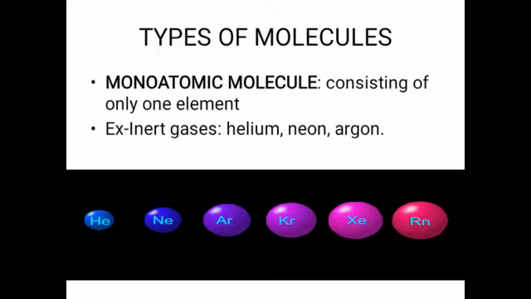Now we will go into detail. The molecules are classified further on the basis of their composition. Inert gases, or the elements which are present in group 8, which is also called the zero group of the periodic table, these elements are very stable and they do not bother to react, so they live alone, and their molecule consists of only one atom.